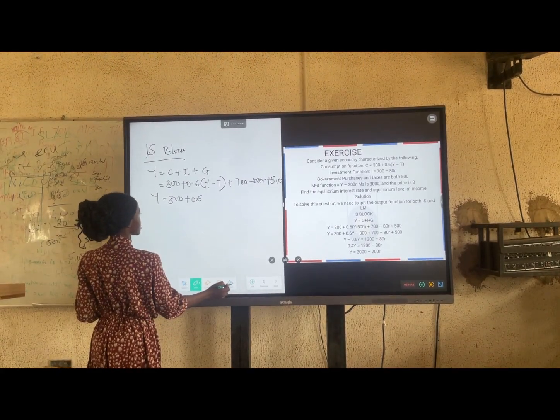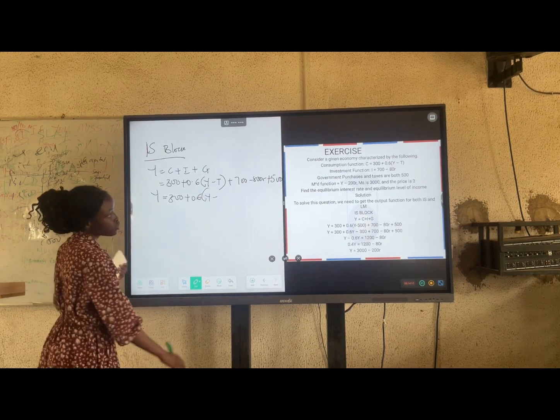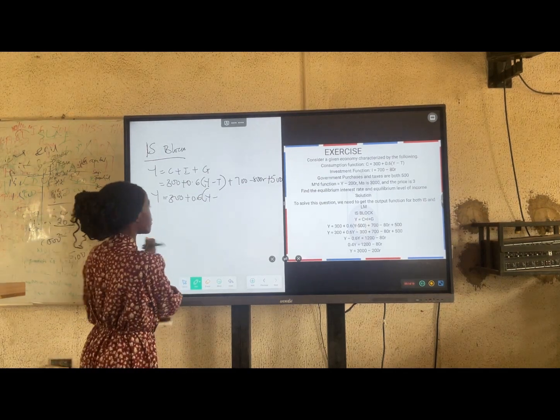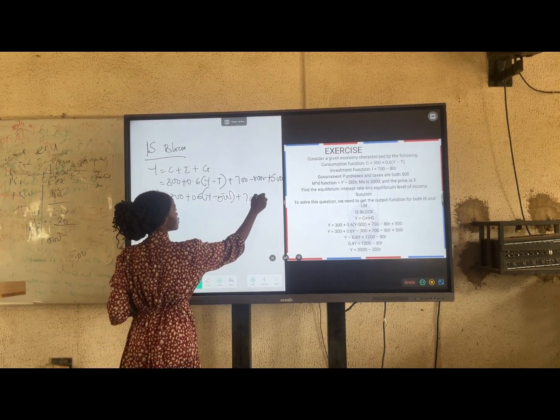So we have Y minus T. Our T is our tax, and we were given tax to be this 500 plus 700 minus 800 r plus 500.